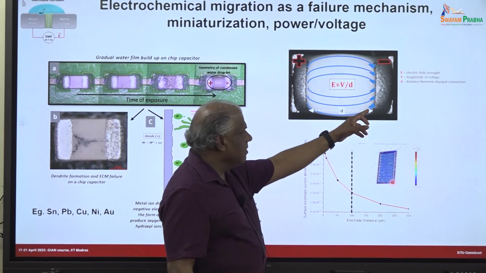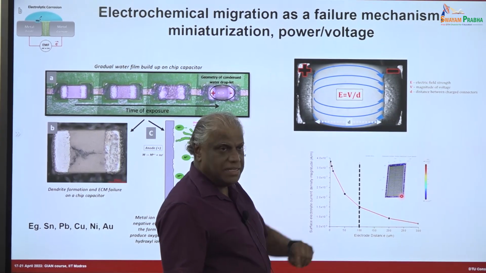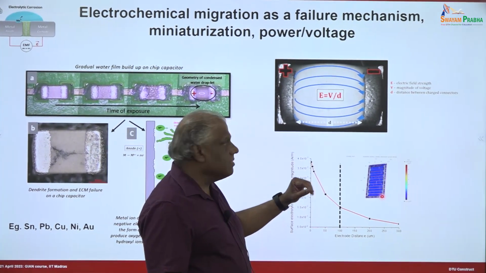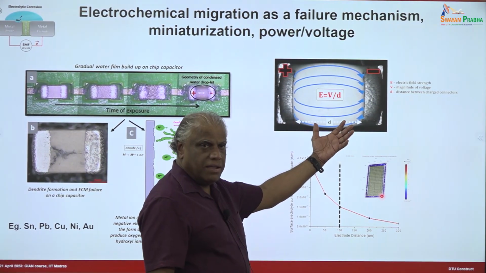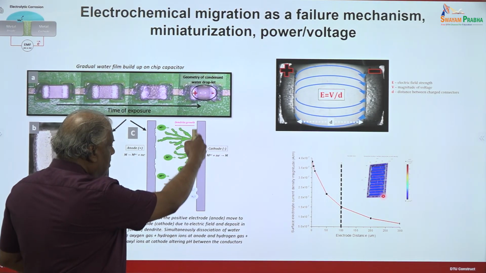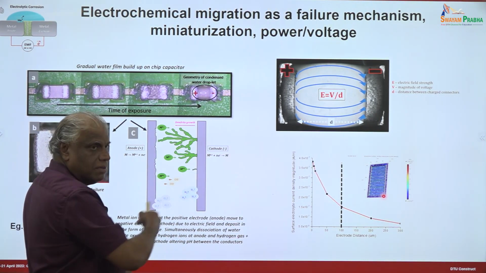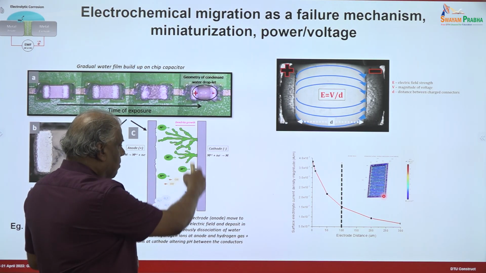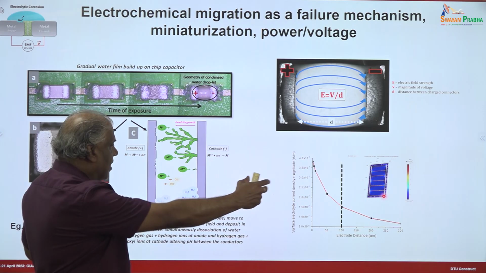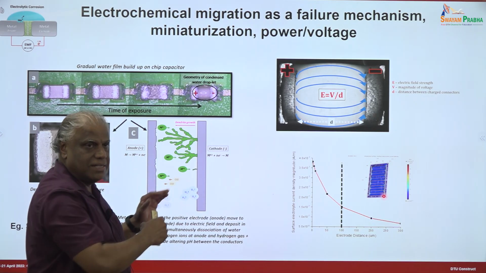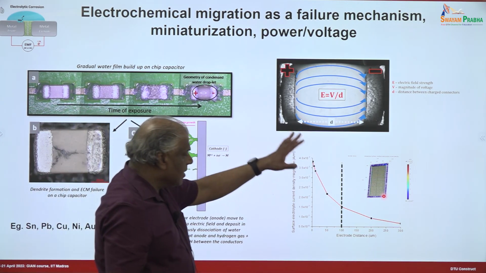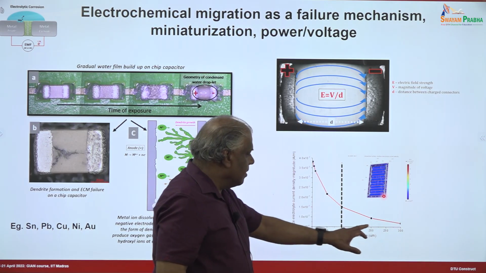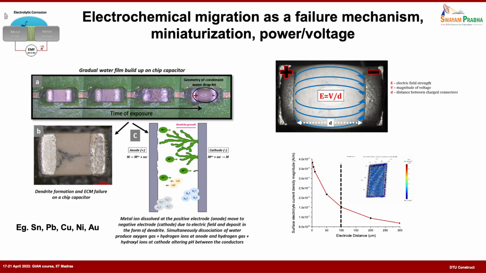The electric field between these is V by D. So as the distance decreases, you have a higher electric field, which means the field distribution also becomes a little more uniform. If you have a closer spacing, you form a much wider dendrite. If you have things far away, you form much narrower dendrites. So the field has a very clear effect. As the distance decreases, you have a higher and higher field.